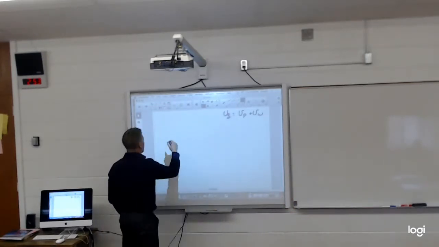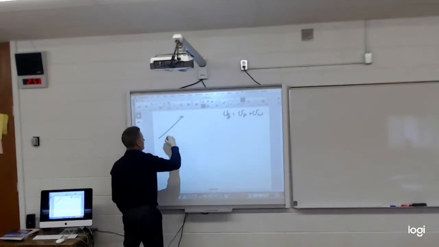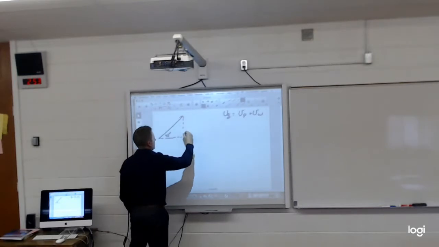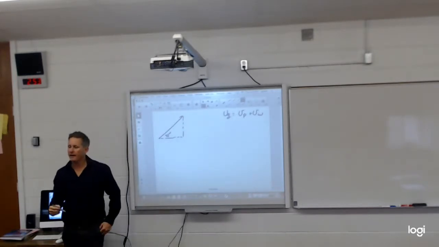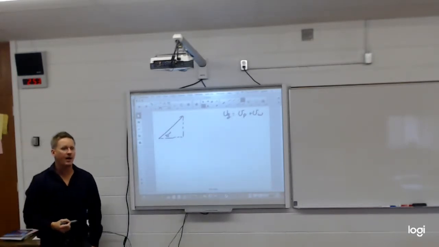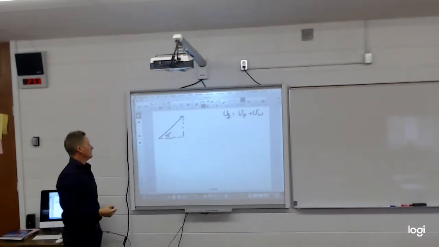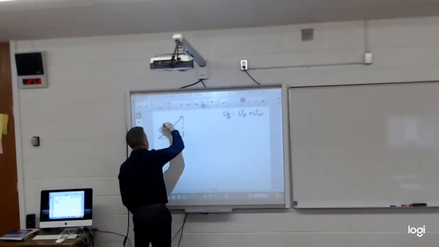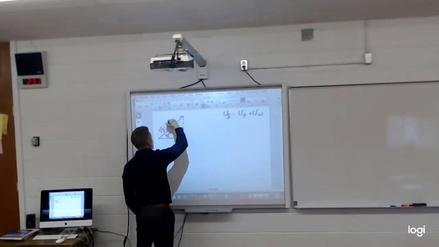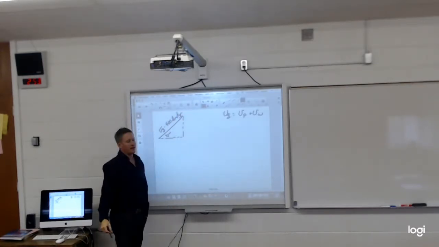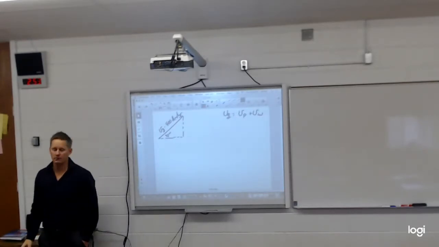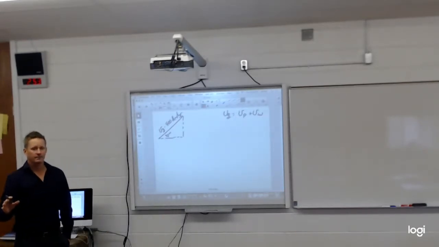Let's find out what this vector is right here. I know it's 45 degrees, right? So I want to take 300 and divide it by 0.75. That's 400. So between the wind and the speed of the plane, in order to get there in 45 minutes, he has to fly 400 kilometers an hour. Okay so far?